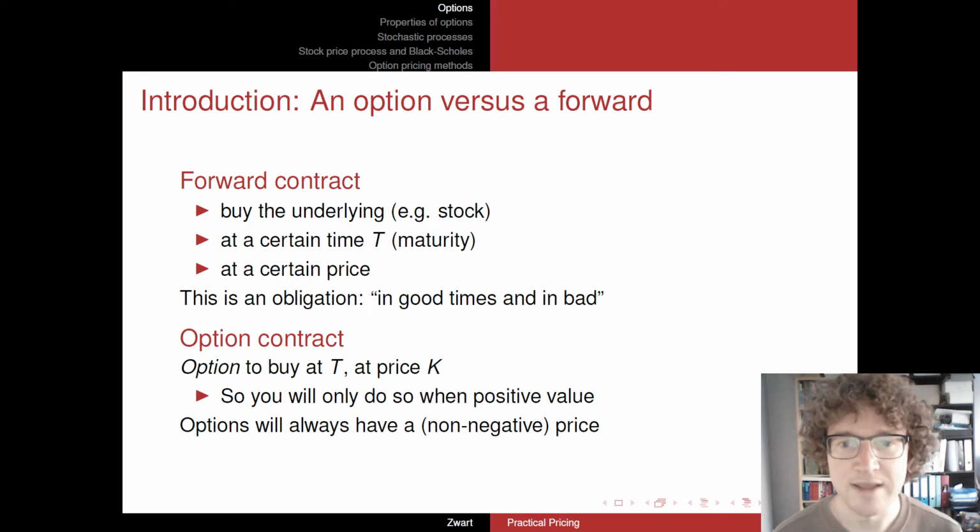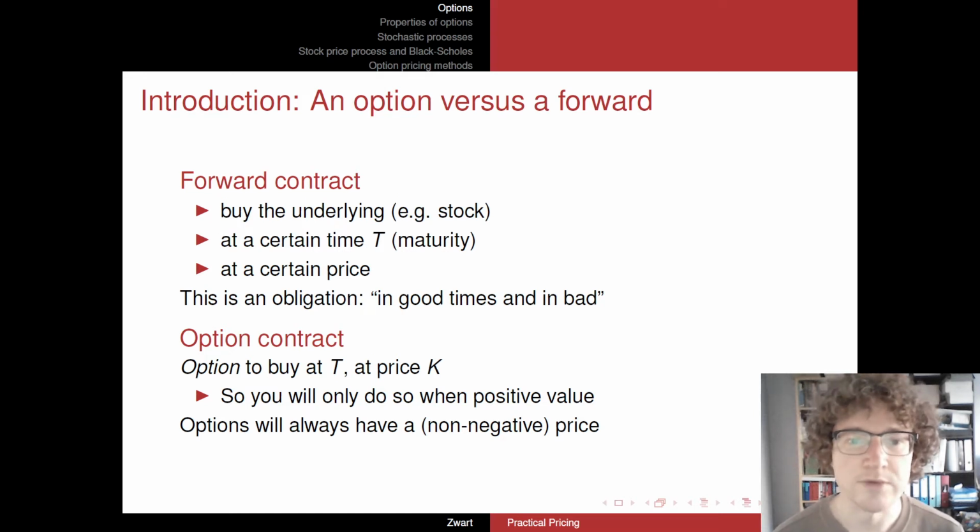But if at that point in time the same stock is worth less than 20 euros, I still have to buy it from you, and then it's a loss for me and a gain for you. So this forward contract is essentially an obligation to do this trade at the maturity time, both in good times and in bad times for me.